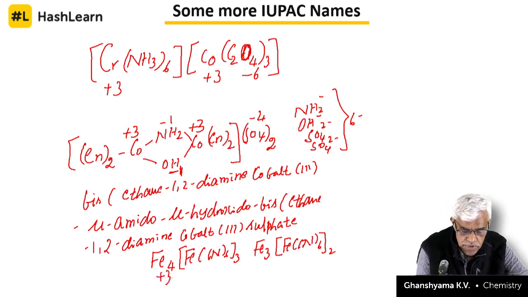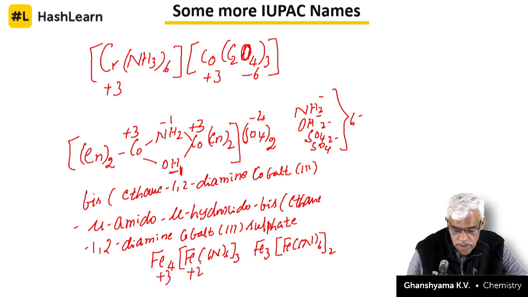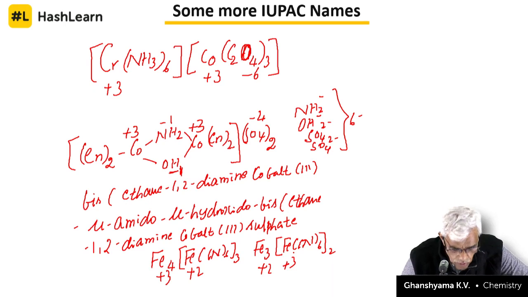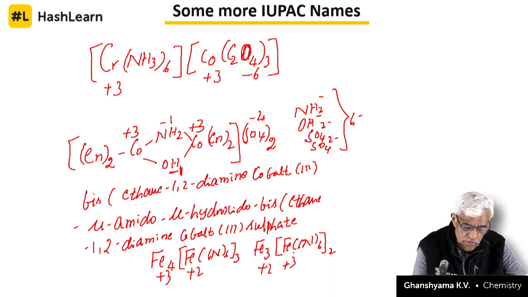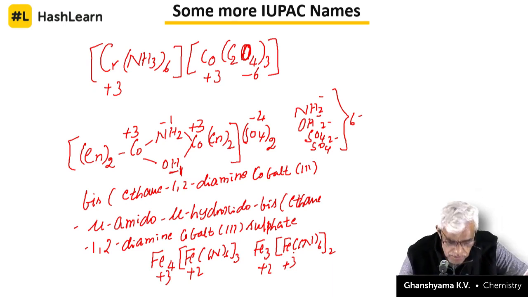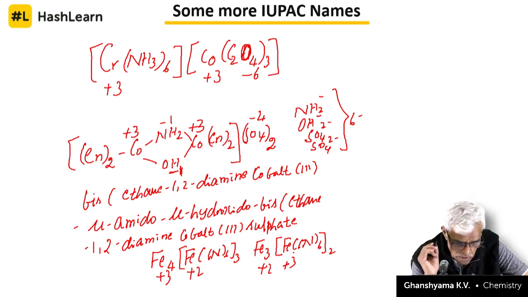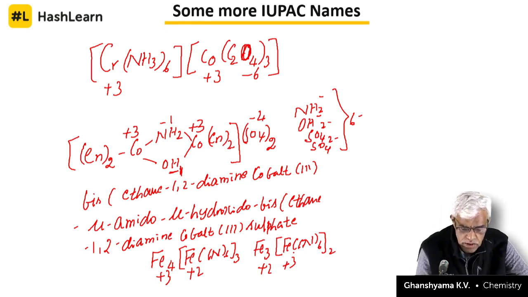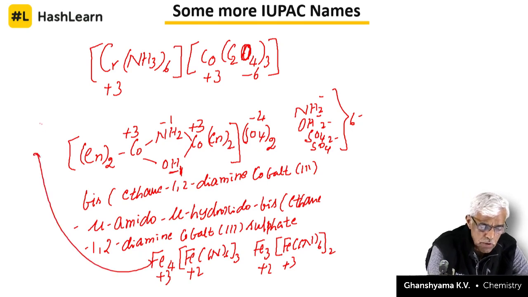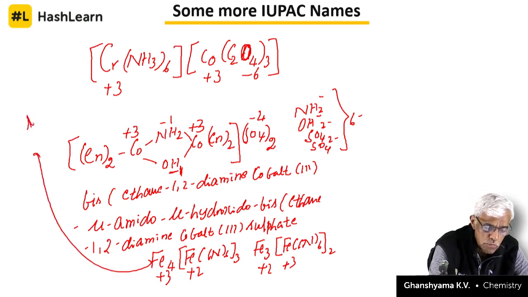Here it is +3, therefore this must be +2. Here it is +2 and this is +3. This is Fe4, that is ferric. The Fe within, the central metal atom, is +2, therefore the name of this compound is iron 3.